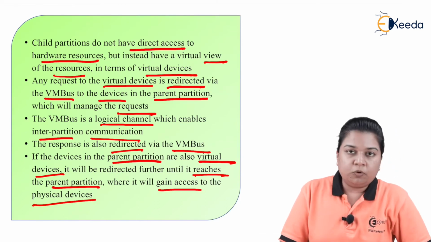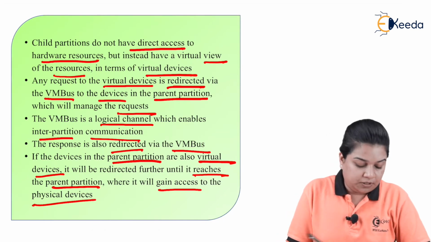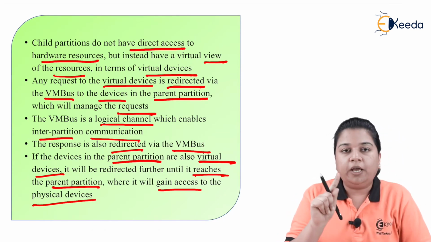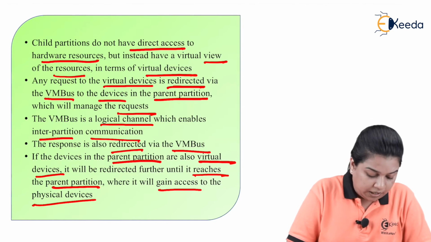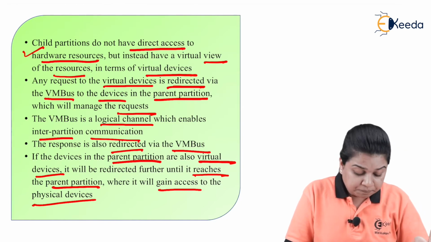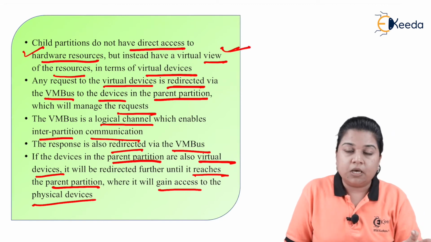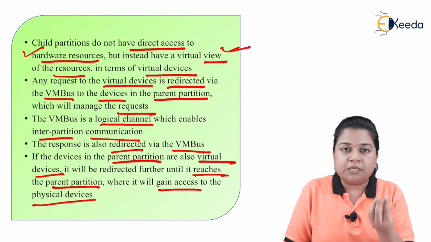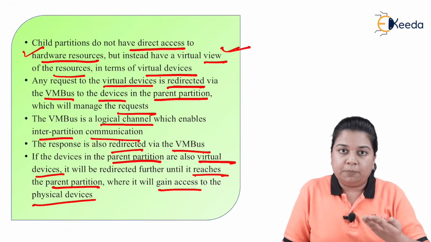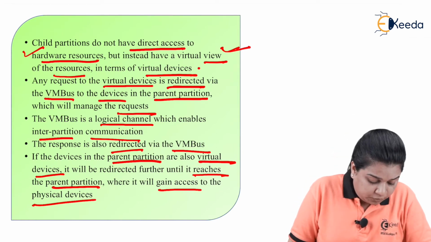See here, what they want to explain is, as we have seen in the figure, child partitions do not have direct access to the hardware resources, but instead they have a virtual view of the resources. Virtual view of the resources means the view that is provided to them via the parent partition, in terms of virtual devices.